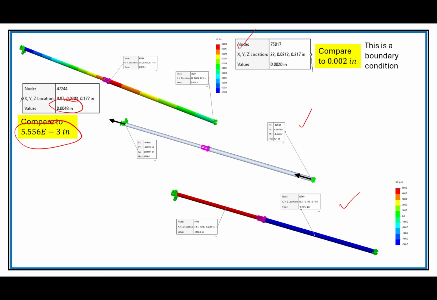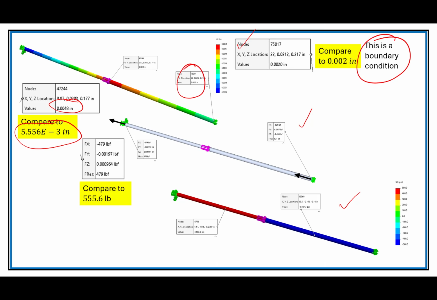Up above, these match, but this is a boundary condition. So for the displacement right here, it should match, because I set that as a boundary condition. I made the thing be 0.002. You can almost think of that as being a load that I put on here.